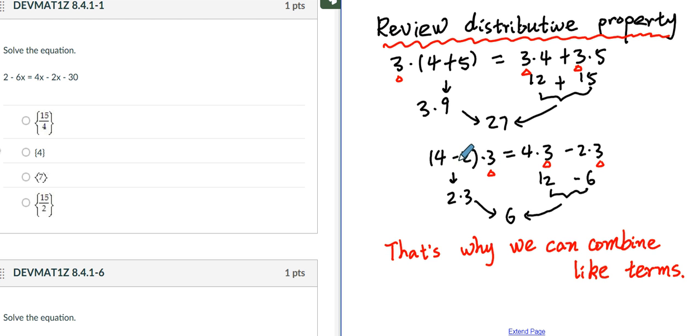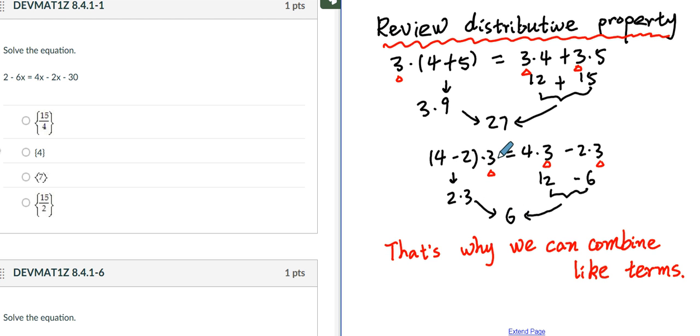And here we use subtraction to test if the distributive property works or not. We know if we do the brackets first, we have 4 minus 2, which gives us 2, and 2 times 3 is 6.